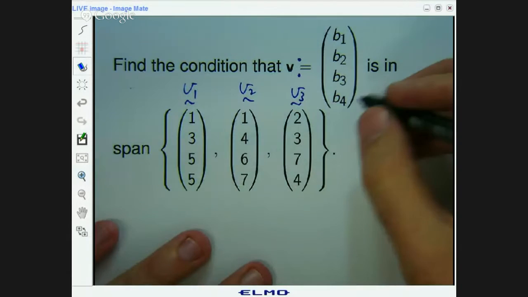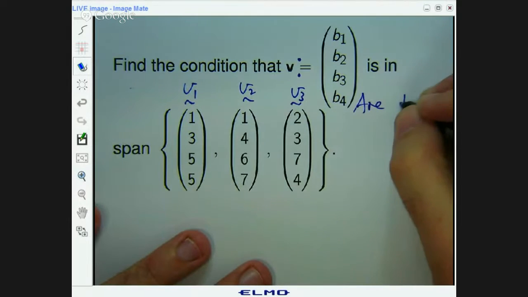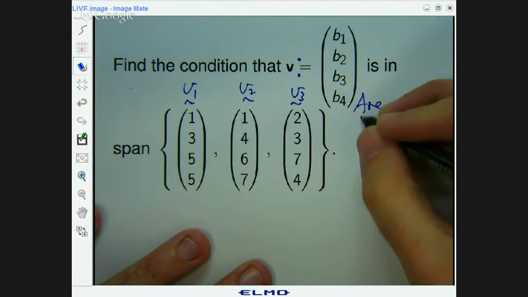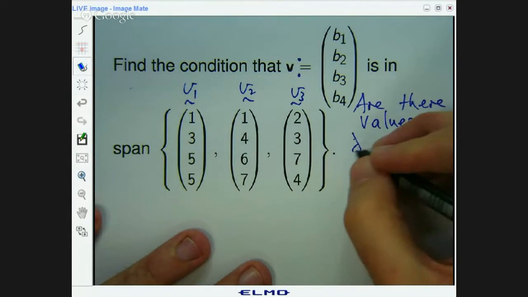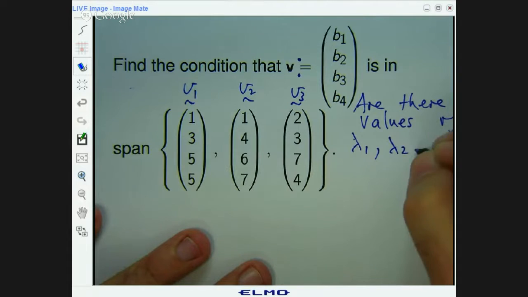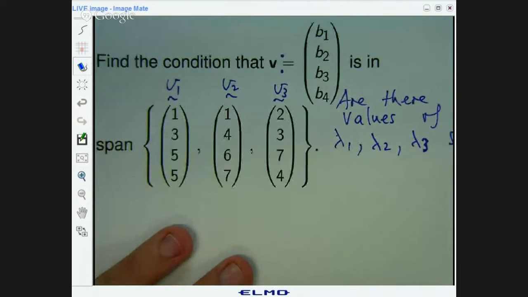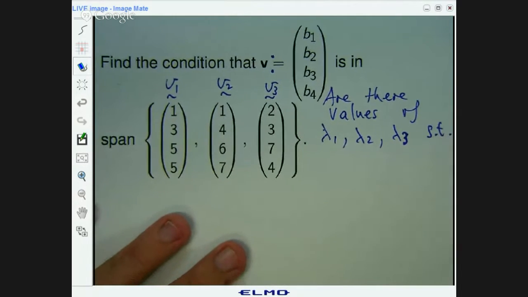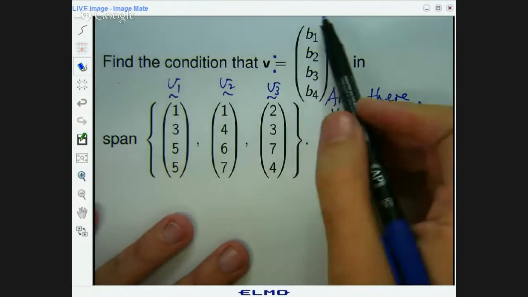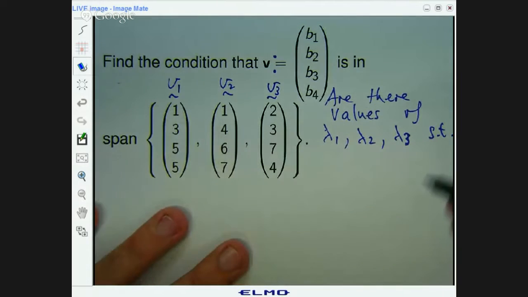What this question is asking you mathematically is, are there values of lambda 1, lambda 2, and lambda 3 such that we can write this vector as a linear combination or linear combo of these three vectors.